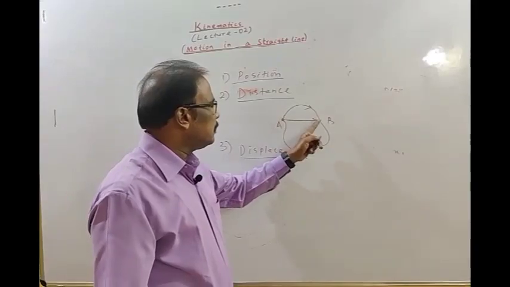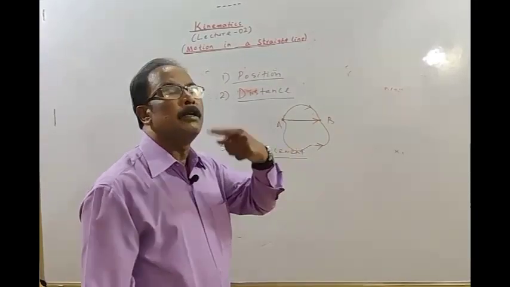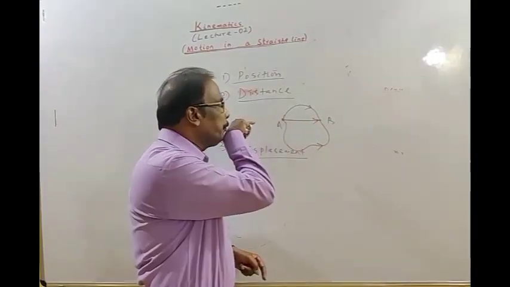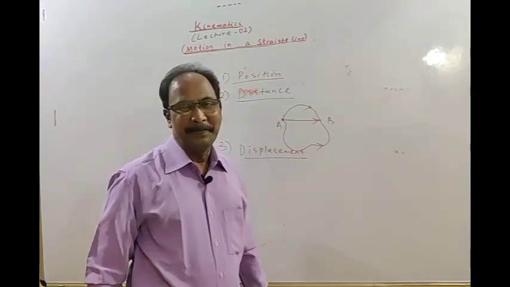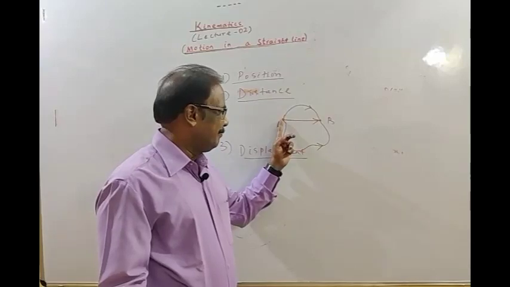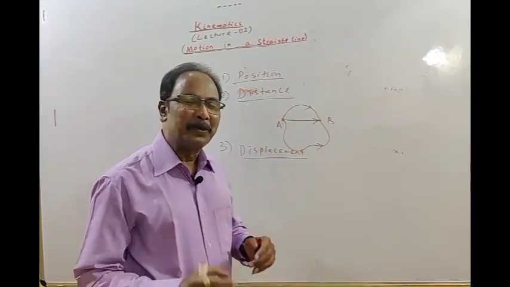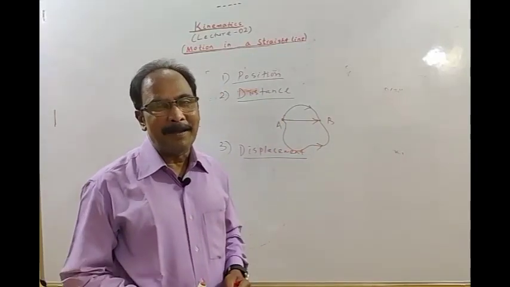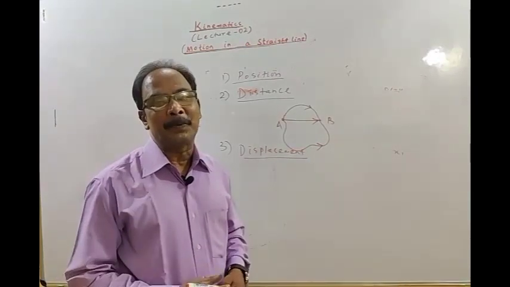But displacement is the shortest path directed from initial to final position. So the direction of displacement is from initial to final point. So displacement has a specified direction, so displacement is a vector quantity.